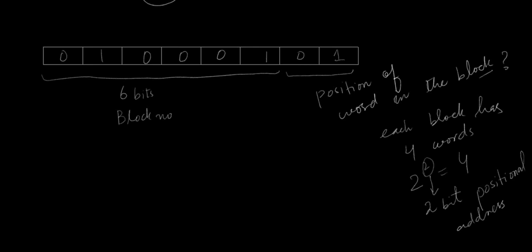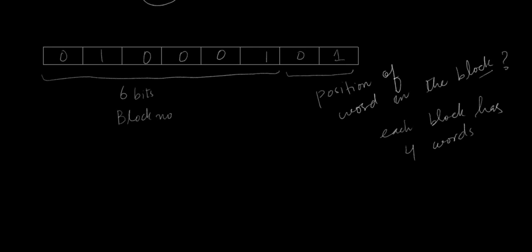So it means the 2-bit address is just going to represent position 0, position 1, position 2, or position 3, whatever it's going to be. So if it's 0, 1, how is it going to work? On the top, I'm going to write down 0 and 1. So each block is going to have 4 words.